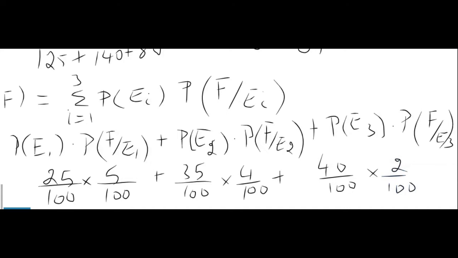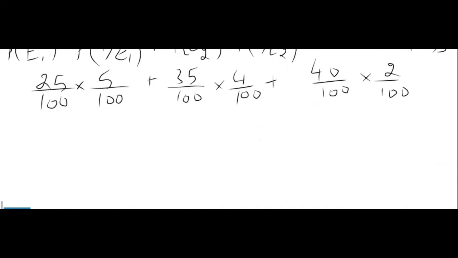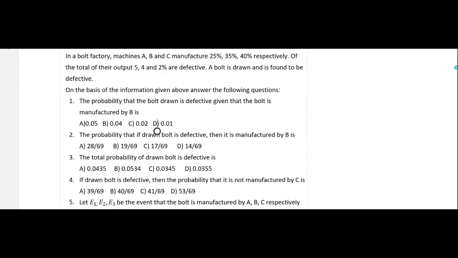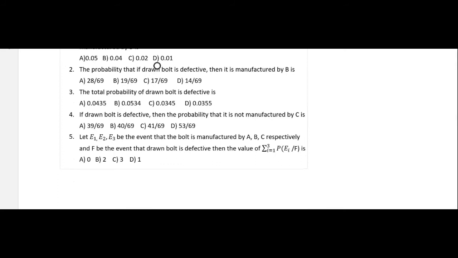Now on simplifying this, we get the value to be 345 by 10,000, which is nothing but 0.0345. The fourth subdivision is: if the drawn bolt is defective, then the probability that it is not manufactured by C is A 39 by 69, B 40 by 69, C 41 by 69, D 53 by 69.